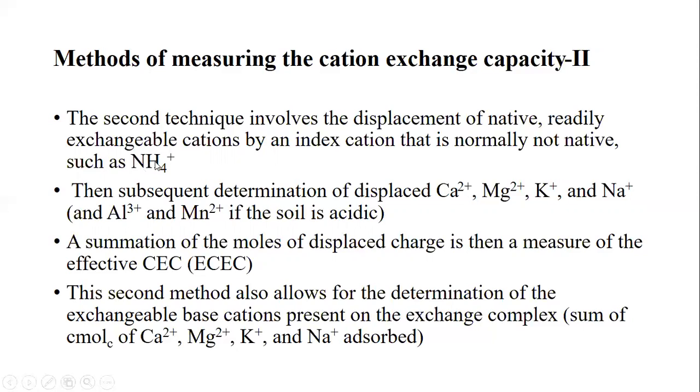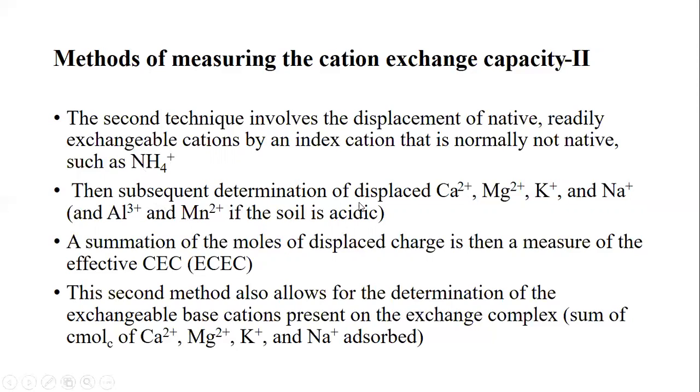We choose a cation that is not normally found in large amounts, or very little of it, if any, on the exchangeable sites. It's not native to that soil.